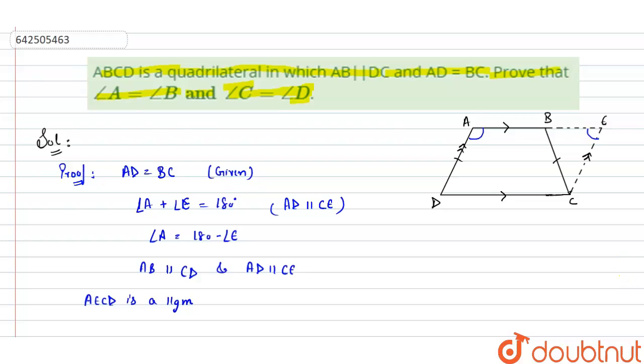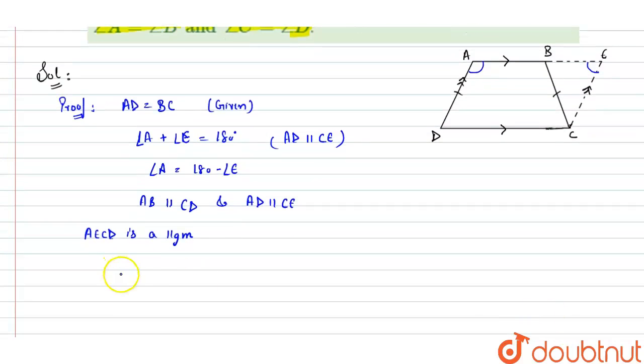So here we can write, if this is a parallelogram, then AD is equal to CE, opposite sides of a parallelogram, which implies BC is equal to CE, as AD equals BC was given to us in the first place.